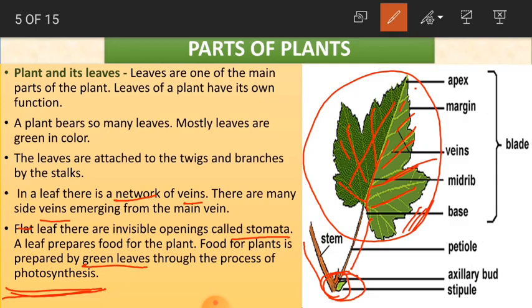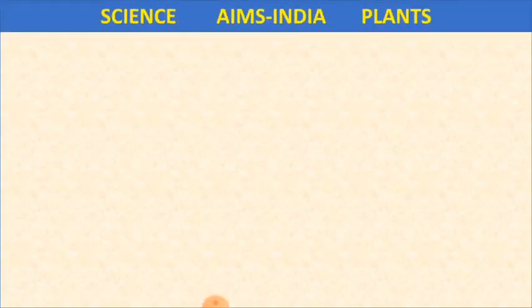In short, I would like to tell you that this is a process of green plants using sunlight to make their own food. These green plants and leaves use the sunlight and make their food. This is known as photosynthesis. Okay children, clear? Yes.